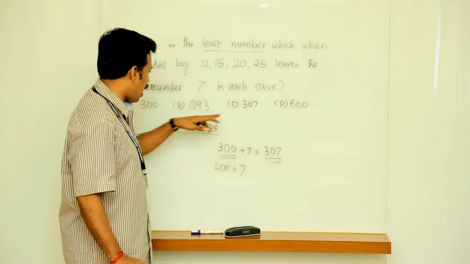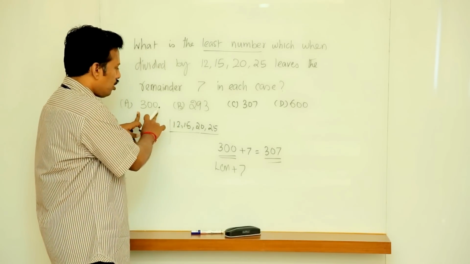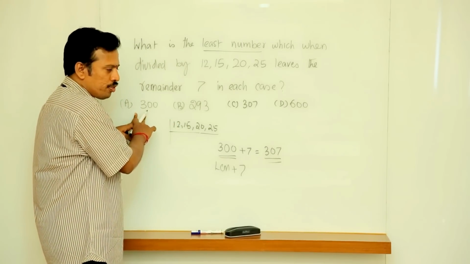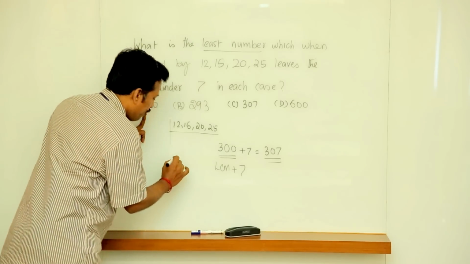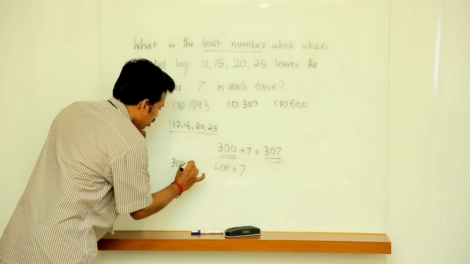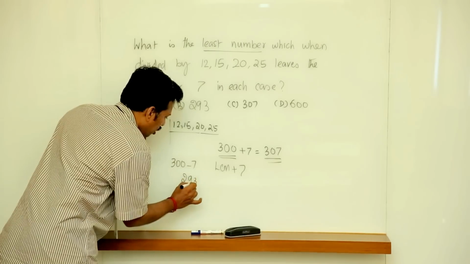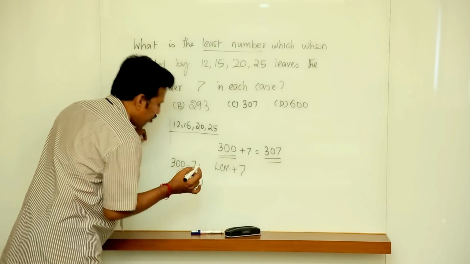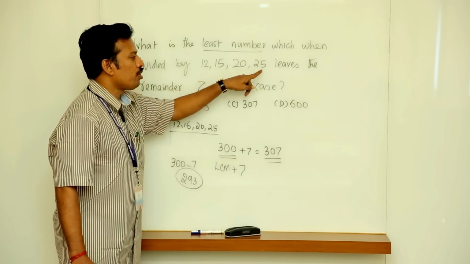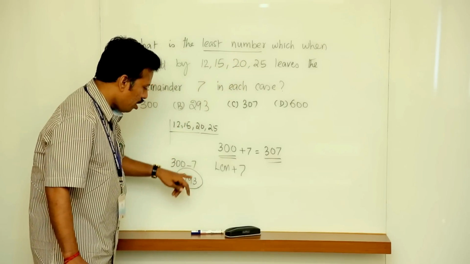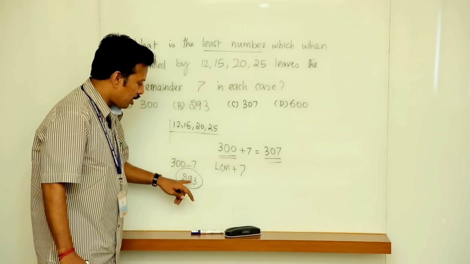So let us check the answer choices. 300. When you subtract 7 from this, you get 293. Just by looking at the number 293 you can say that, since we have 12, 15, 20, 25, it must compulsorily be a multiple of 5.